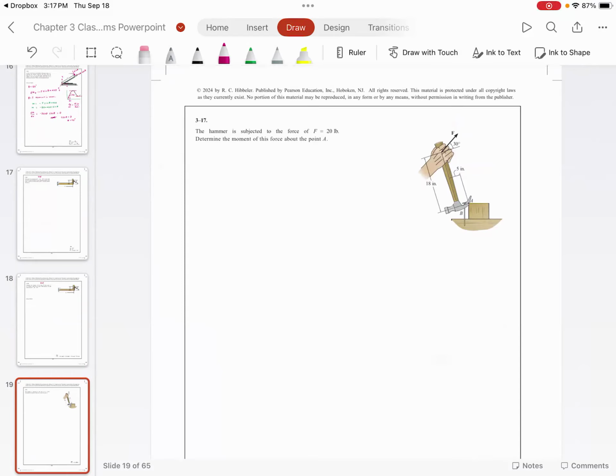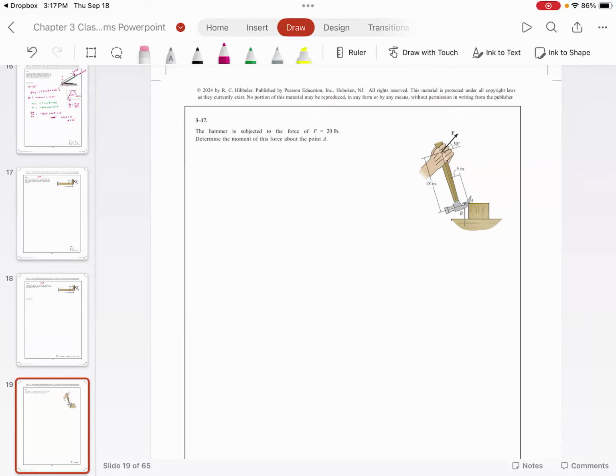Now, in this problem, please try to understand, we are trying to find out the moment. The hammer is subjected to the force of 20 pounds.